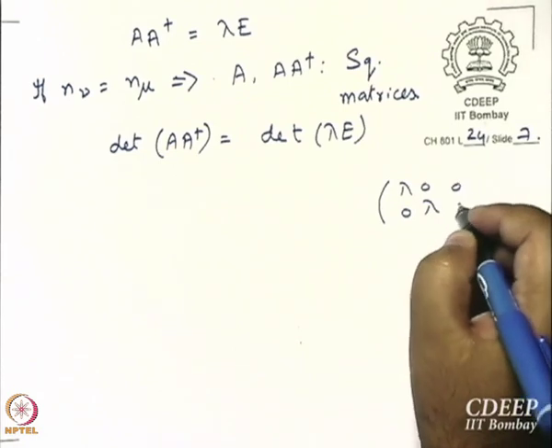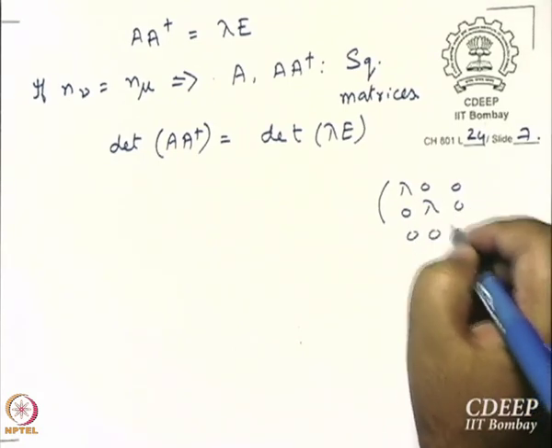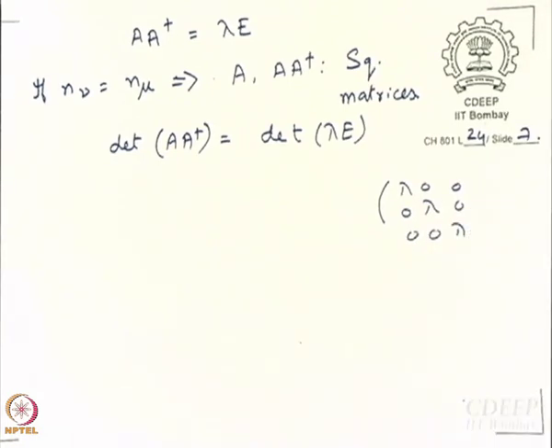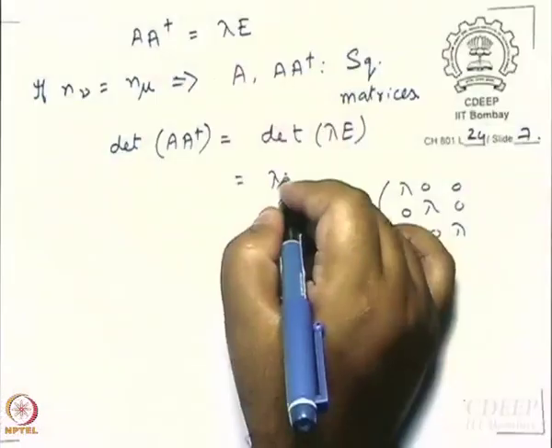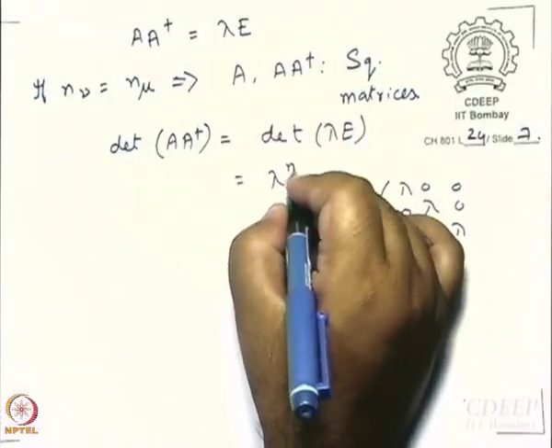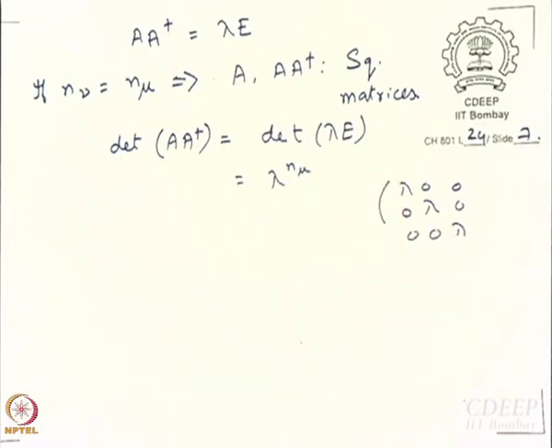Let us talk about a 3 by 3 matrix. Get the point, right? Lambda to the power n. Okay? So this is going to be lambda to the power, you can write whatever you want, I will write n mu. I might as well have written n nu, it doesn't matter. But what about the left hand side? What is det A dagger?